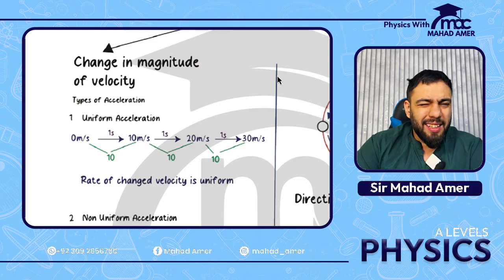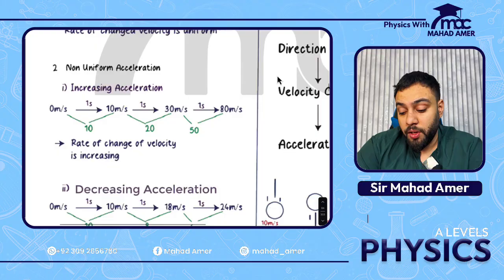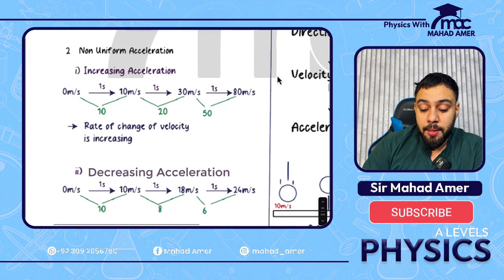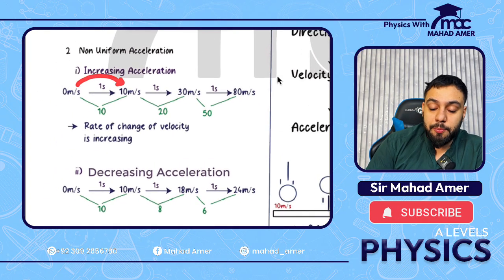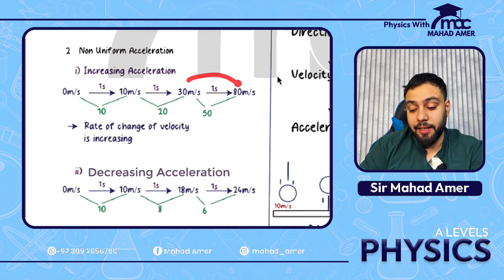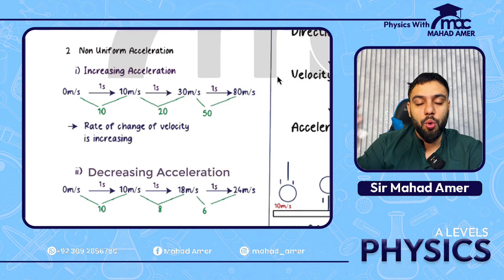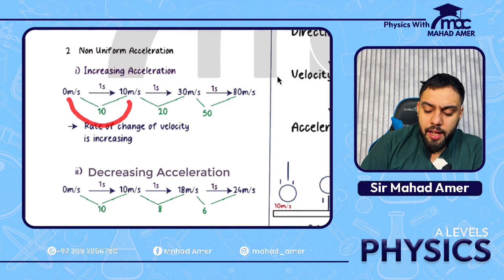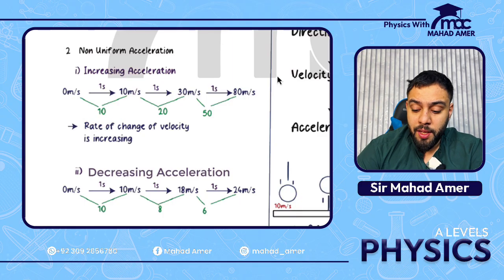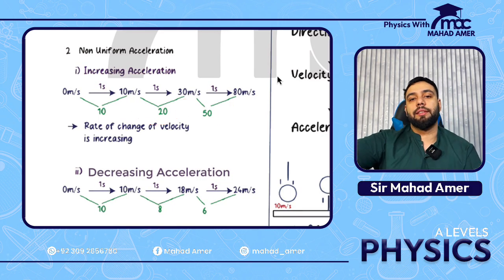But in case the acceleration is non-uniform, there are again two types. First is increasing acceleration. That means if initially the speed increase was 10 and then the next second the speed increased by 20 and then the next second the velocity increased by 50, this shows that initially acceleration was low, and as the object started moving, the acceleration also increased.